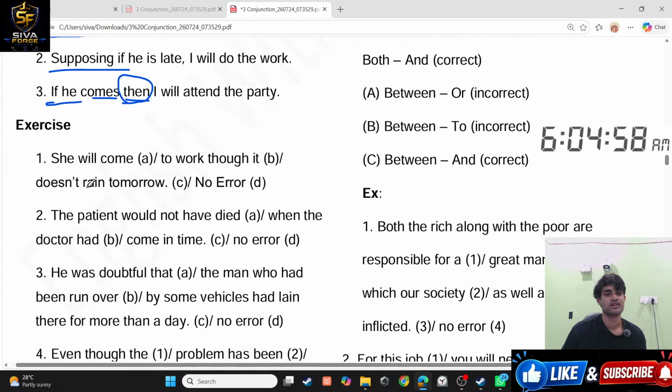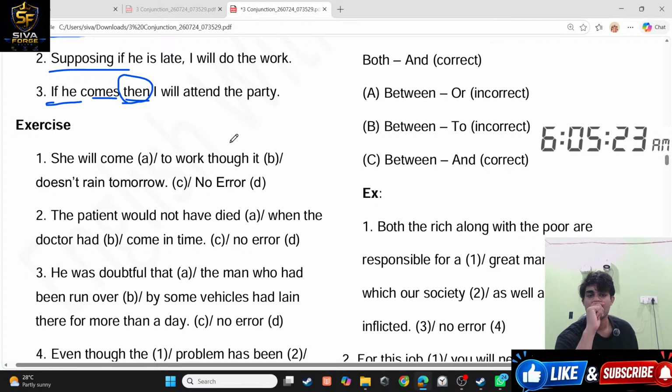Now see, "She will come to work though it doesn't rain tomorrow." This is contrasting.